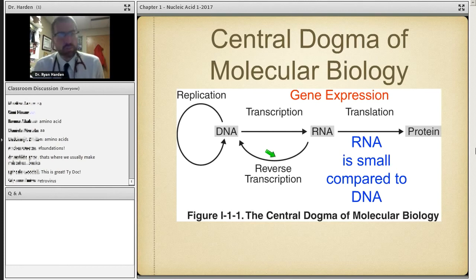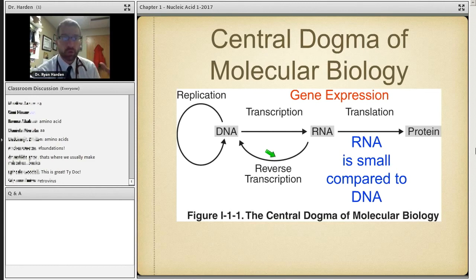RNA is very small compared to DNA. Okay, in all the cells of your body, except for sex cells, sperm and egg cells, you have 46 chromosomes. But on each chromosome, you have thousands of genes, and each one of those genes codes for RNA.